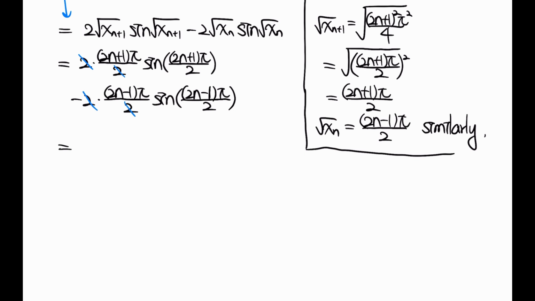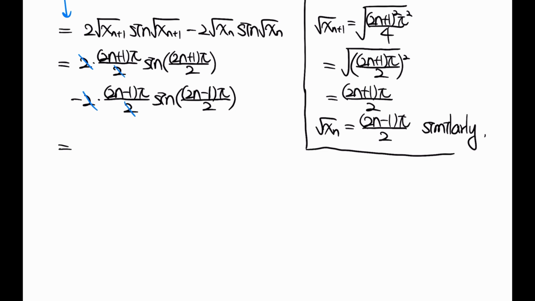And notice that sine of 2n plus 1 pi over 2 is equal to negative 1 to the nth power. Because if you plug in some specific n, like when n is 0, sine of 2n plus 1 pi over 2 is just sine of pi over 2, which is 1. After plugging in some specific values, you will find that it is just negative 1 to the nth power.